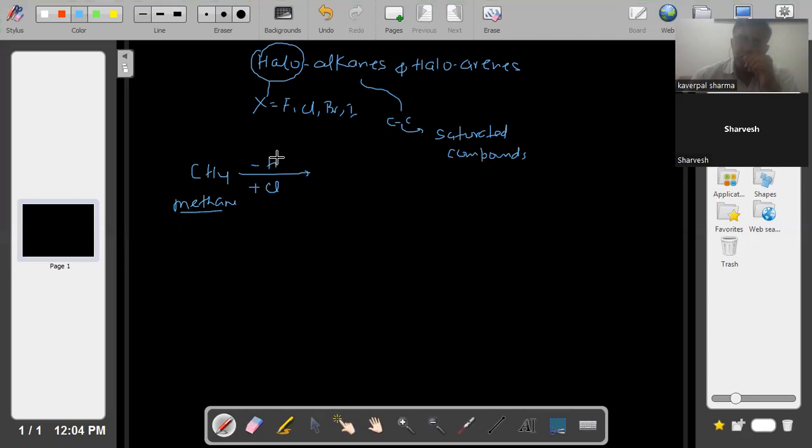You have substituted one hydrogen with chlorine and you got CH3Cl. Simply, C, H, H, H, and then Cl. All hydrogens are bonded singly with the carbon atom, and here is one chlorine atom.